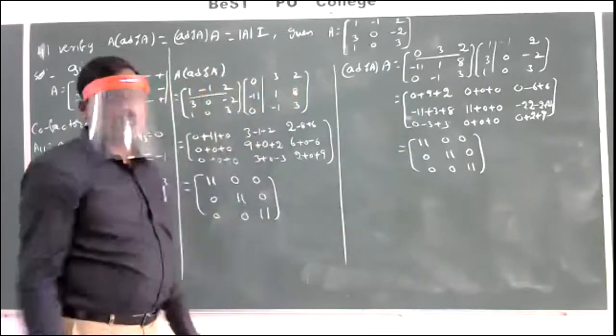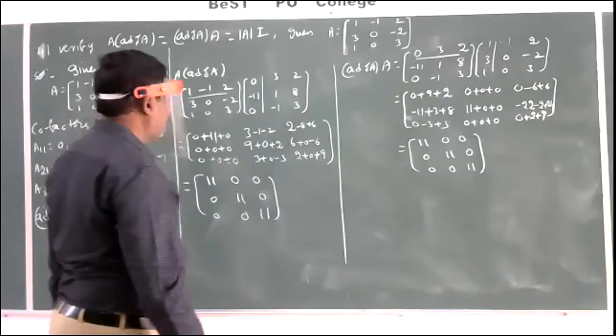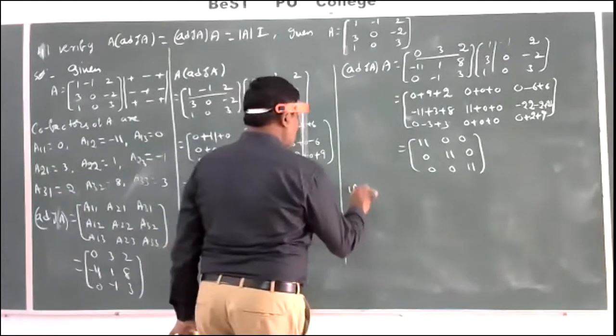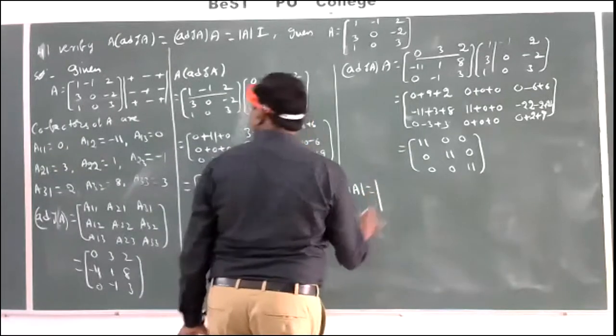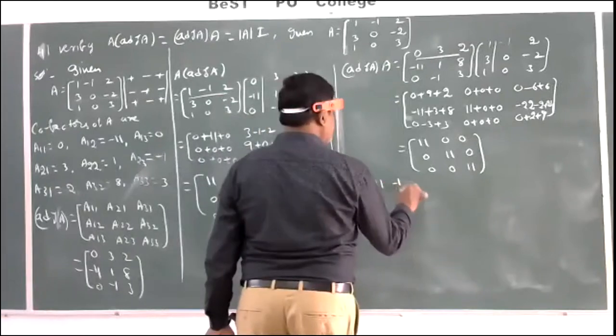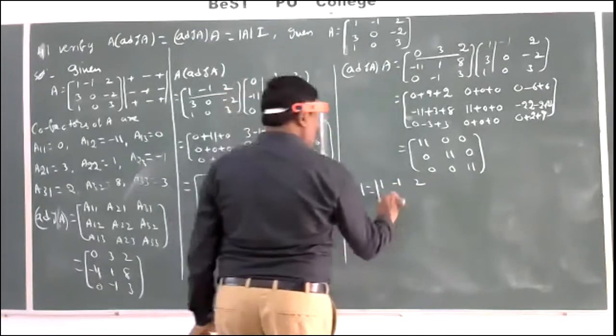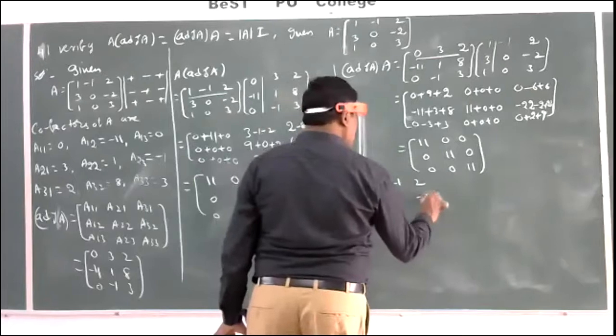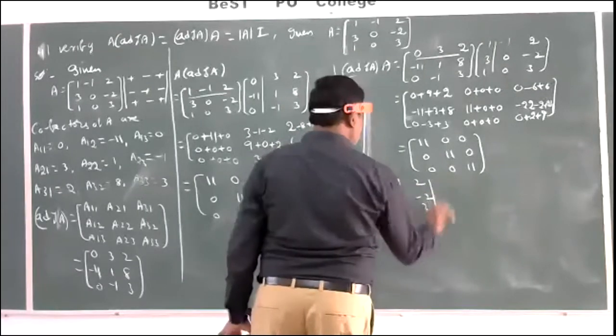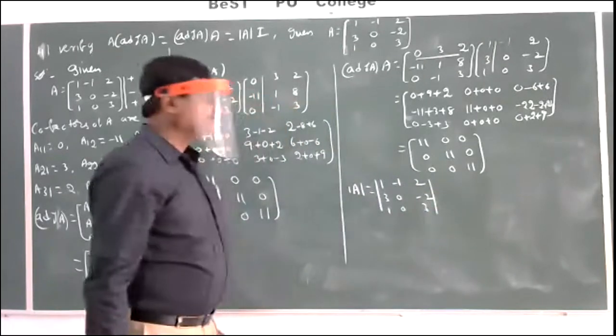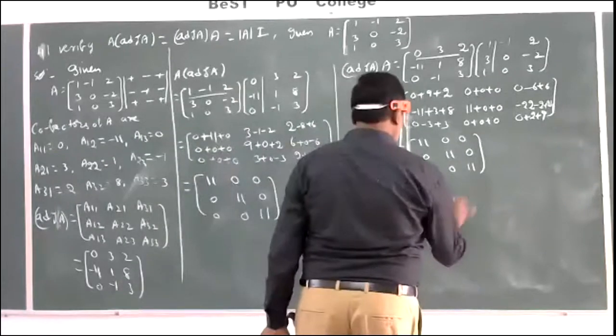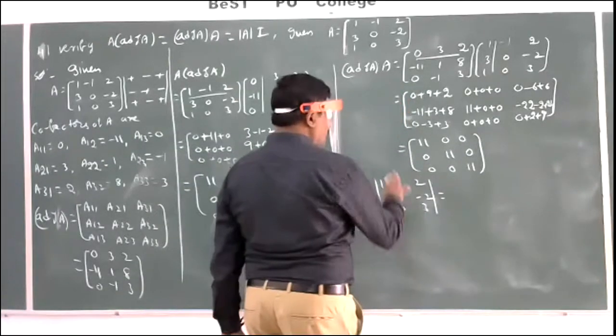Adjoint A into A. Now det A is equal to the determinant of [1, -1, 2; 3, 0, -2; 1, 0, 3]. Expand using the second column.